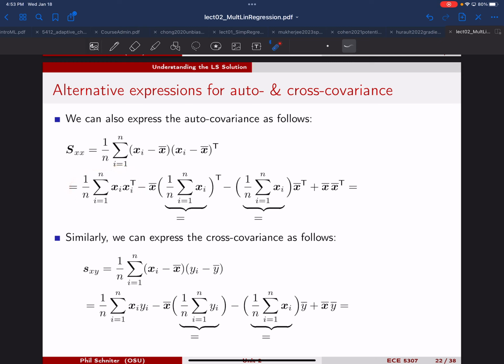We're going to expand this quadratic, so we're going to have the first times first. We're going to have cross terms, so this times the sum of this is going to be this thing, or this times this, that will be this other cross term. And then finally, we have x bar times x bar transpose. This is what we call an outer product. Okay, so to simplify this, what is this term here? We have another name for this. X bar.